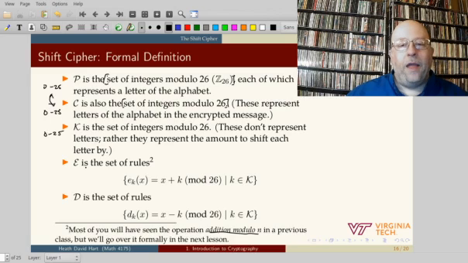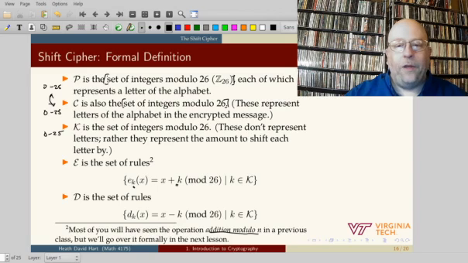And then the rule in the encryption set is that for every key, we just add that key to the message and then take the answer mod 26. The decryption rule is that we subtract the key and then take the answer mod 26. Okay? So these are my encryption and decryption formulas.